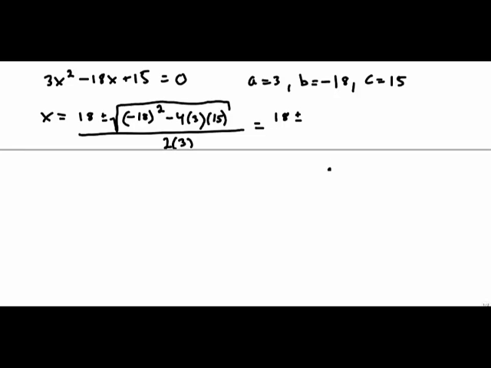Maybe it's a little bit difficult to do in your head, so we'll just do this, 18 times 18, which is the same thing as 18 squared, which is the same as minus 18 squared.